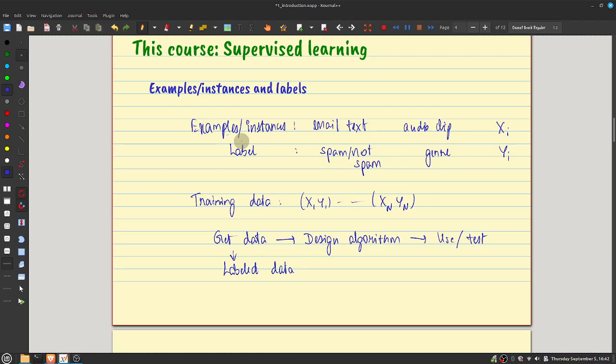So, for instance, suppose you've just learned to read, but you don't know different concepts. You don't know what is mathematics, you don't know what is physics, you don't know what is biology. But you get to see a whole bunch of books. You don't know that they're called biology books or physics books or mathematics books. But if you read a bunch of books, you can say that, okay, these two books are similar to each other.